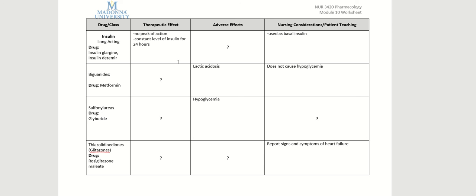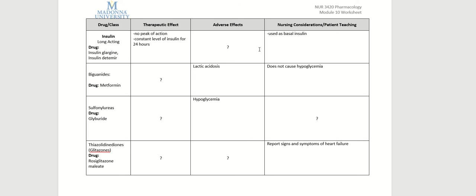So for hypoglycemia, because that is one of the side effects that is common for insulin, the treatment for that, I believe, is found on page 800 in your text. So you should be aware of the treatment.